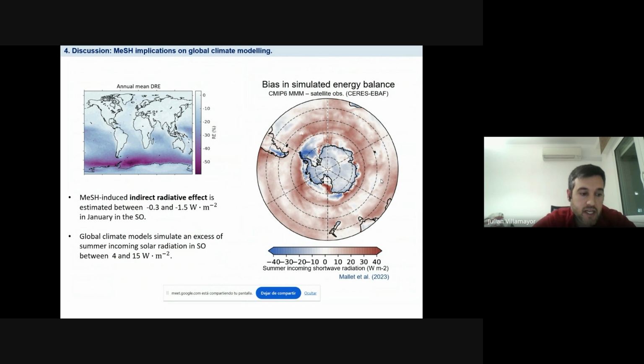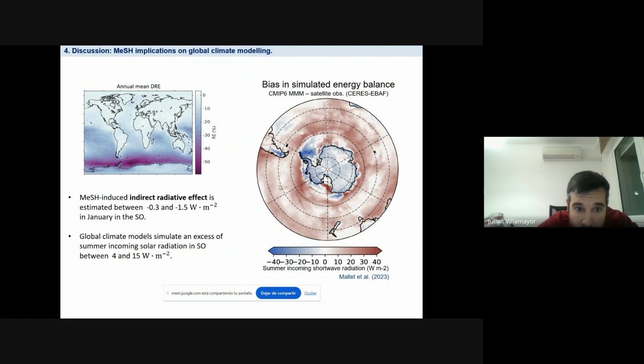But the implications of including methanethiol in global climate models can even go far beyond what I've mentioned before. In this work, we have evaluated the direct radiative effect of sulfate aerosol, but there is also an indirect effect through the interaction of aerosols with clouds that, according to the literature, can be between 2 or even 15 times larger than the direct effect.